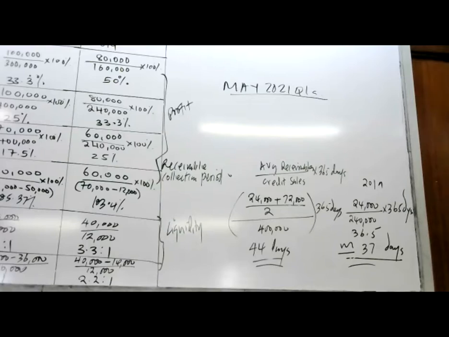So which is 1.4 is equal to our current assets.